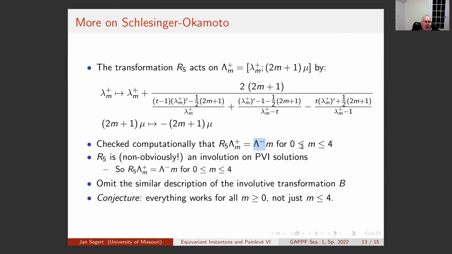Okay, so non-obviously, this thing is an involution on solutions. If you take one of these things, if I put one of my solutions in here, do this horrible transformation to it, then I do this transformation again, I get back the same one. So that's by no means obvious. And that depends on the fact that these are solutions of Painlevé with that set of parameters.